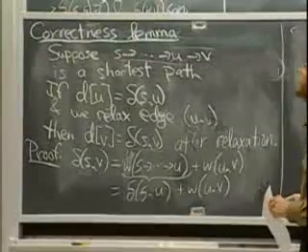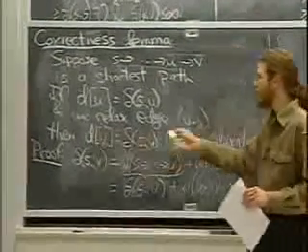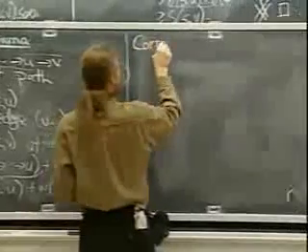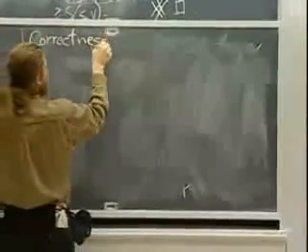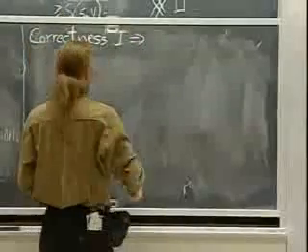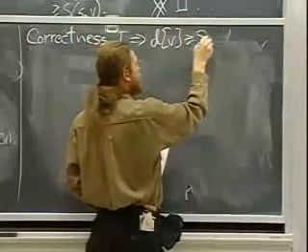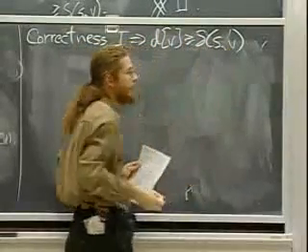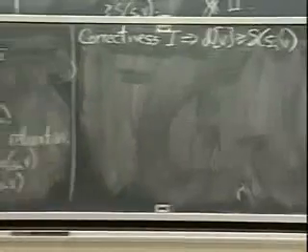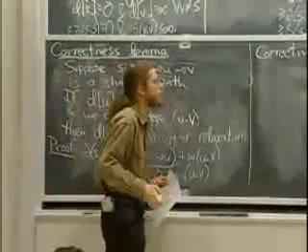On the other hand, we know from this lemma that no matter what we do, d of v is greater than or equal to delta of s comma v. So let's write that down. There are a few cases, and this will eliminate some of them. By correctness 1, we know d of v is greater than or equal to delta of s comma v, so it's either equal or greater at all times. I'm thinking about the time before we do the relaxation of uv.